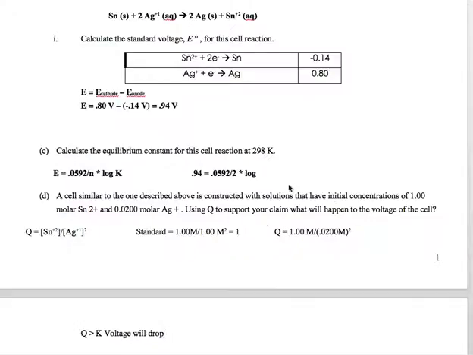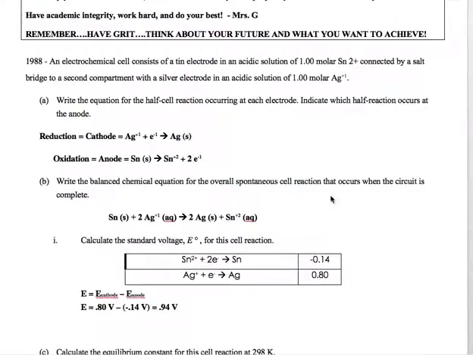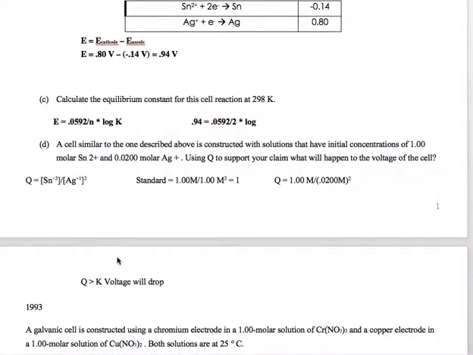If you think about it, it makes sense. Tin is a product, and you have more of the product and less of the reactant. So it makes sense that you wouldn't make as much of the product, because you already have 1 molar of the Sn2+, but you only have 0.02 molar of the silver. You wouldn't actually solve out the problems, but that's how you solve that one.